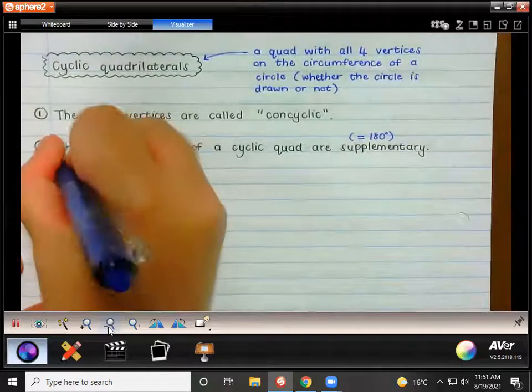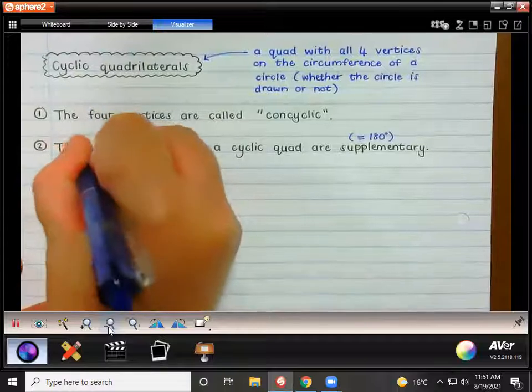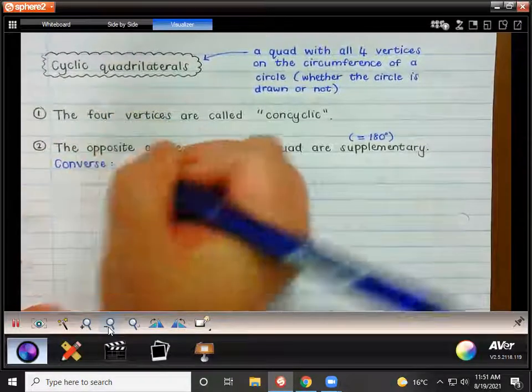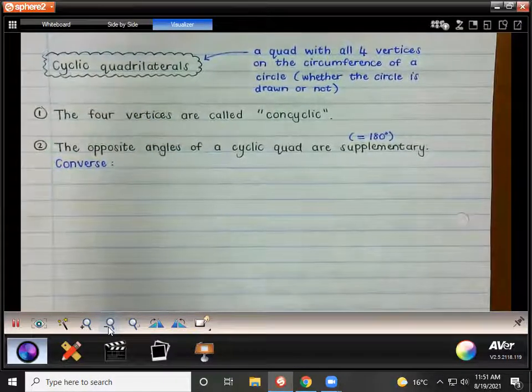In blue, I'm going to write here the converse of this theorem is what we can use. Remember, converse means the other way around, essentially.